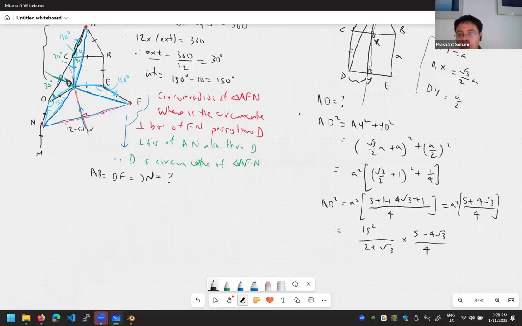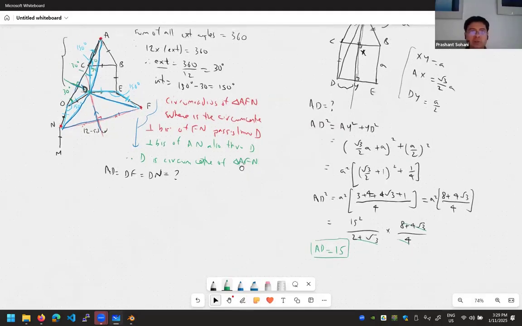When I squared here, I should have done 3 square plus 2 square, so that is 4, if this is 8 plus 4. Okay, so I'm not bothering to explain the calculation because I think, given sufficient time, everybody will do it accurately. So now you see this is going to cancel with the base, and therefore AD square is 15 square, so AD is 15. Okay, is that the answer? Yes.